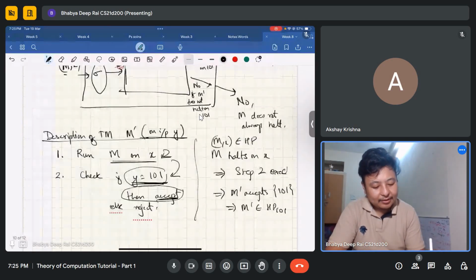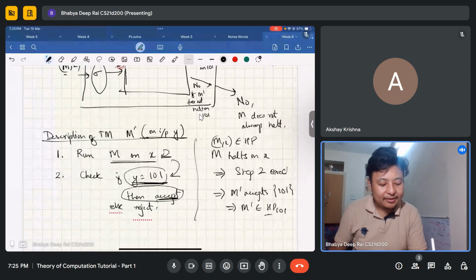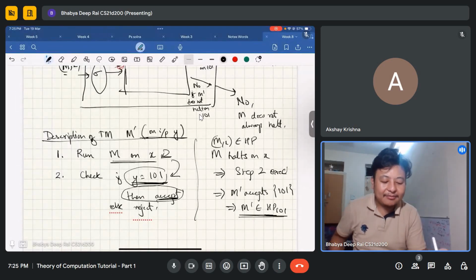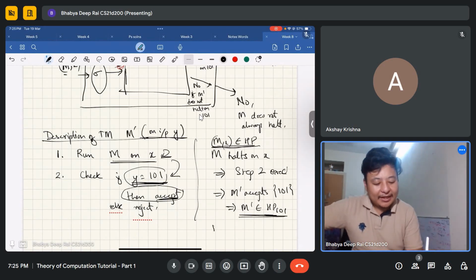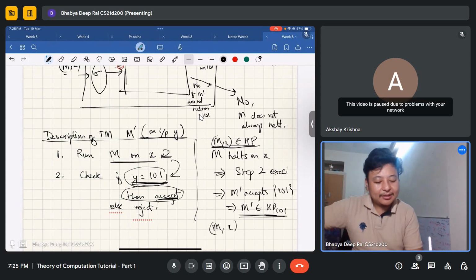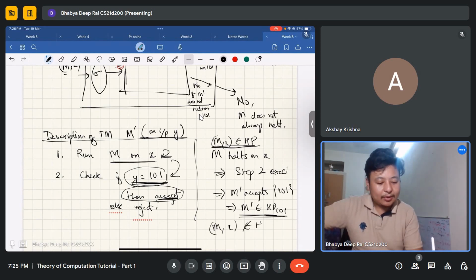So if the HP101 solver is saying yes, M prime halts on 101, then the HP solver will say M halts on X. But if M does not halt on X, it is not in the halting problem.